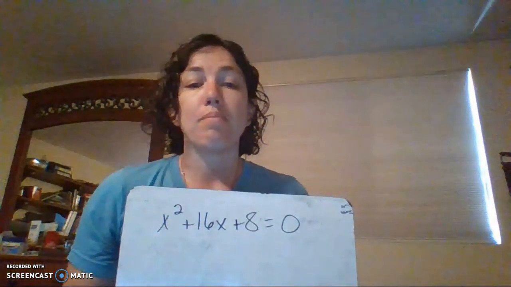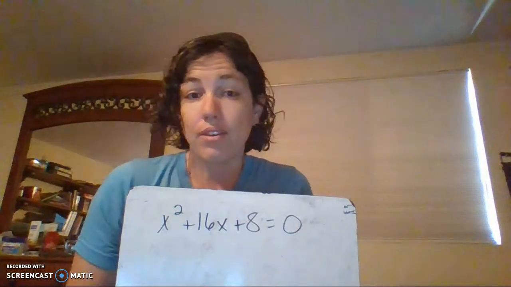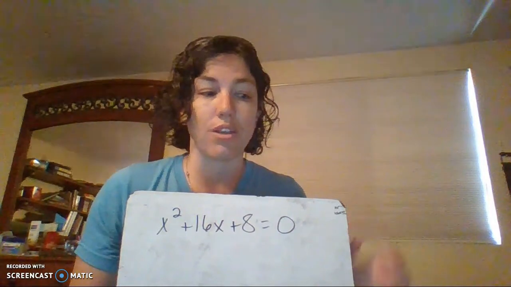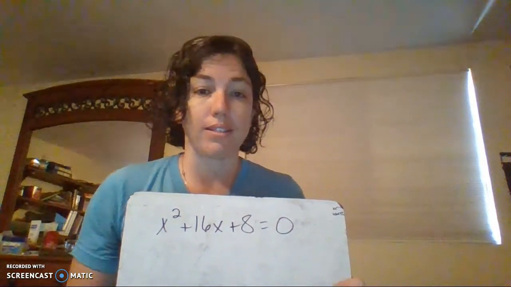Let's go ahead and try another example. Okay, I'm going to do x squared plus 16x plus 8. And what I would do is pause this video and make sure that you're trying it ahead of me, even if you think you can, or at least pausing and doing each step with me so that you're getting the practice in.